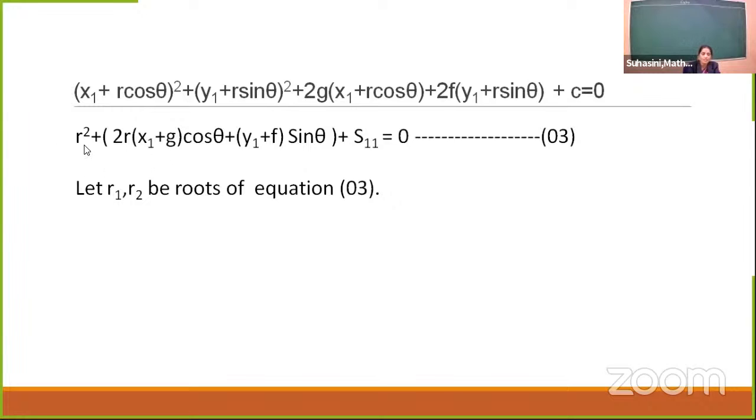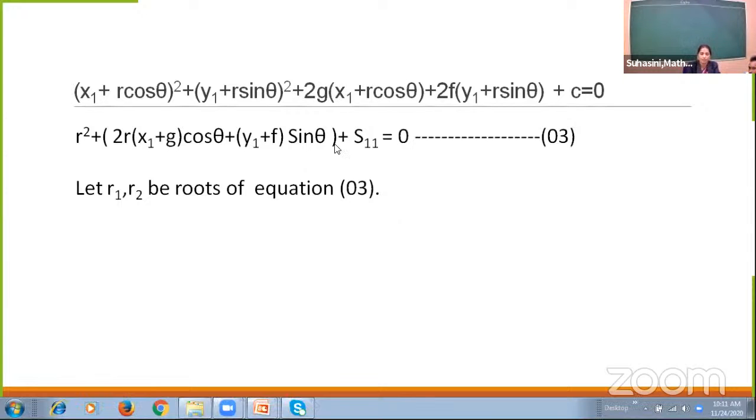Because it is a quadratic equation in r, let us take r1 and r2 as the two roots for this equation 3. And you know a formula: when we have two roots, we have two formulas about the product of the roots and the sum of the roots.